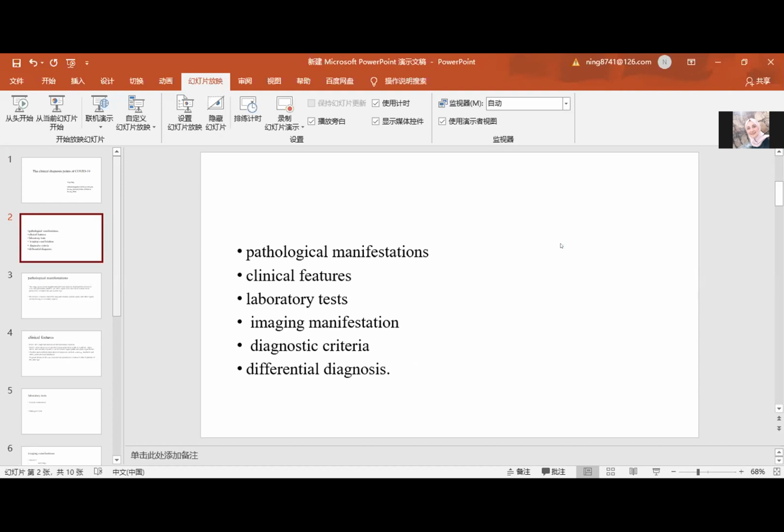Novel coronavirus is transmitted by respiratory droplets and close contact. In addition, novel coronavirus was also detected in high concentrations of aerosols and in feces and urine contaminated by patients.